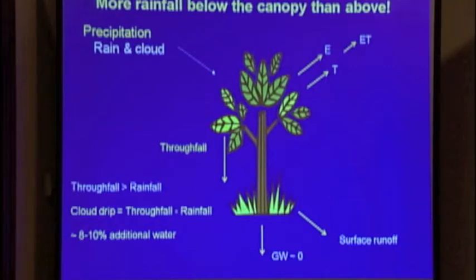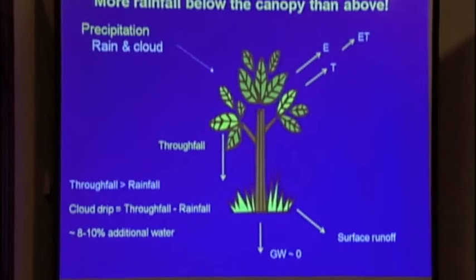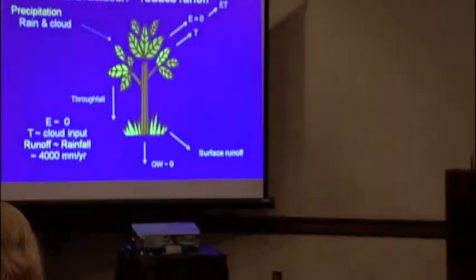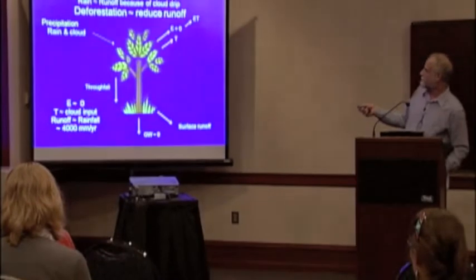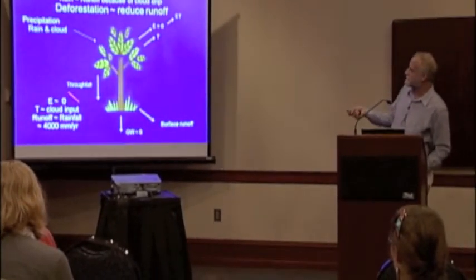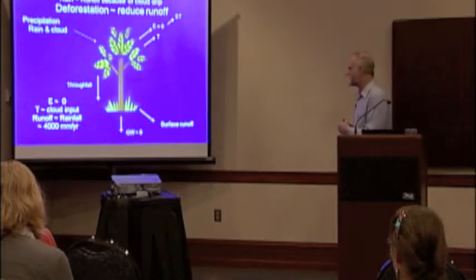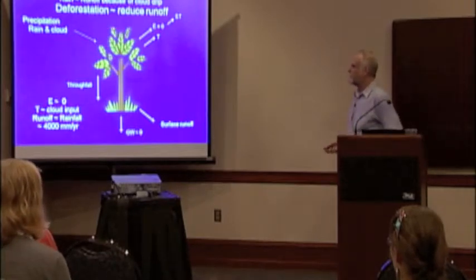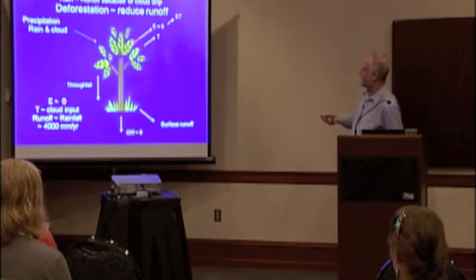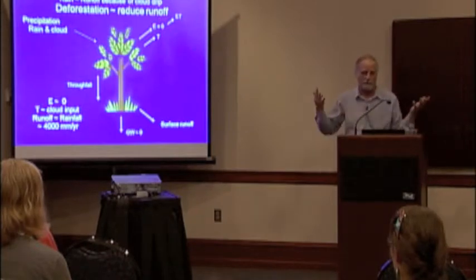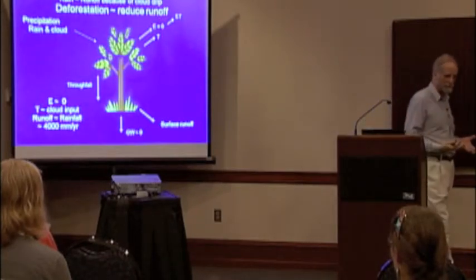The very early budgets done in the 80s said that's about 8 to 10% of additional water that you're getting from this cloud interception. They're growing very slowly. Our evaporation term, if we think about our hydrologic budget, which you talk a lot about when you take hydrology in the MES program or the MSAG program, turns out to be small. They're not evaporating that much. They grow very slowly, so these trees don't use that much water.